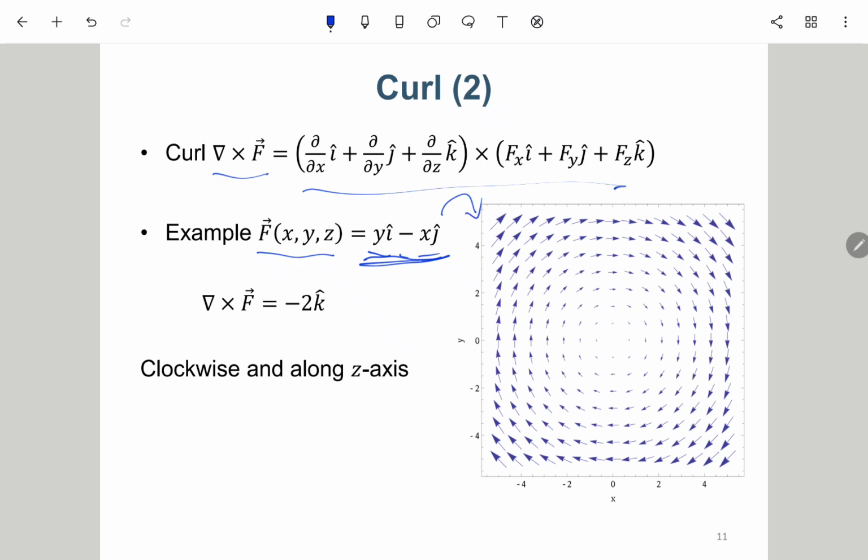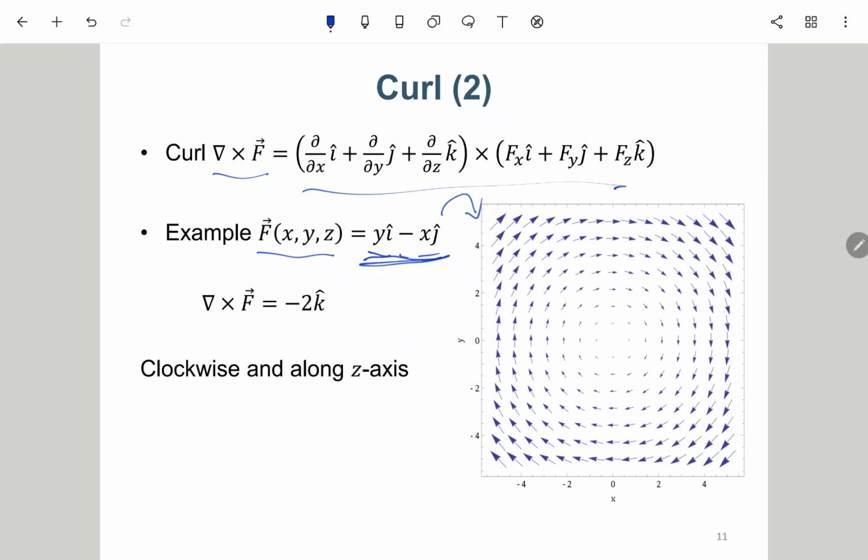So the idea here is we pick some point and draw an arrow at that point, specifying the direction and also the magnitude at that point. Of course the arrow points in the direction of the vector field at that point, and if the vector has a larger magnitude, the arrow is longer.